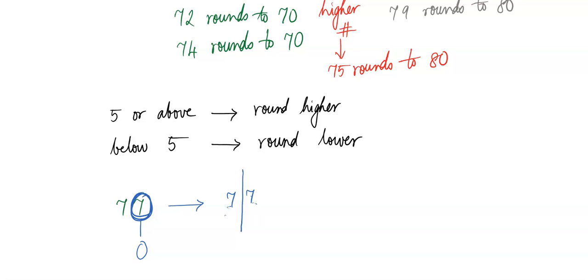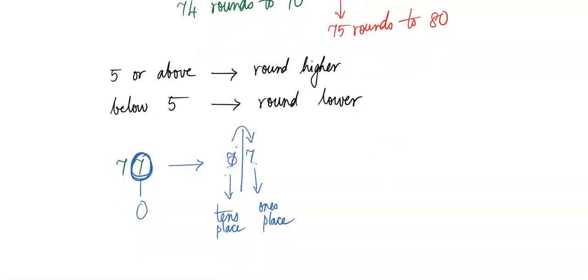So what we're saying is, look at the number to the right of the number you wish to round. This approximation depends on the number in the tens place, because you're trying to round to the nearest 10. This is the ones place. So when we say nearest 10, look at the number in the tens place and the number to the right of it and use the rule I have provided.